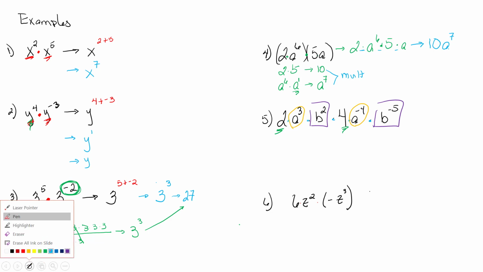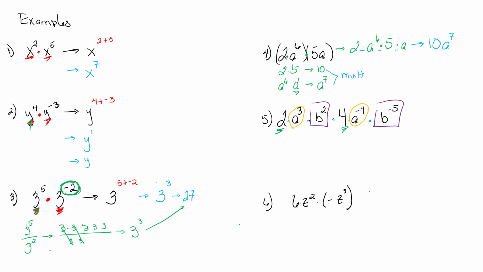All right, so I am going to write the final answer, and let's see if you agree with what I've written. I am noticing the 2 and the 4, which is going to give me an 8. A to the third times a to the negative 4 gives me a to the negative 1. The b squared times b to the negative 5 gives me b to the negative 3. Do you agree with this?